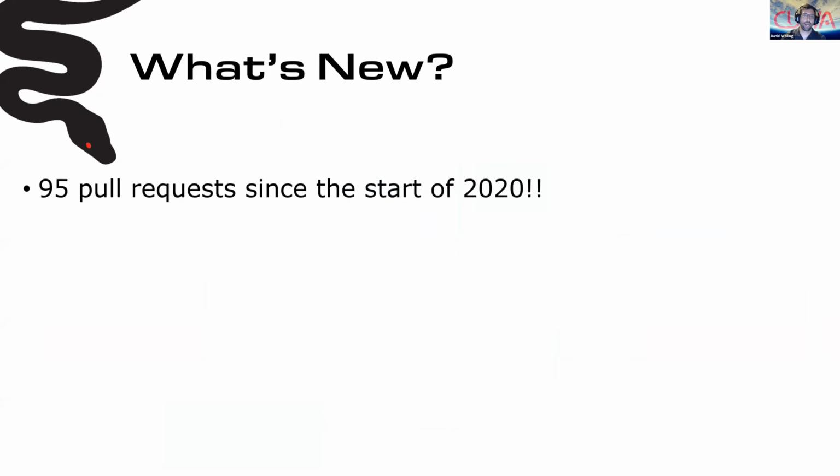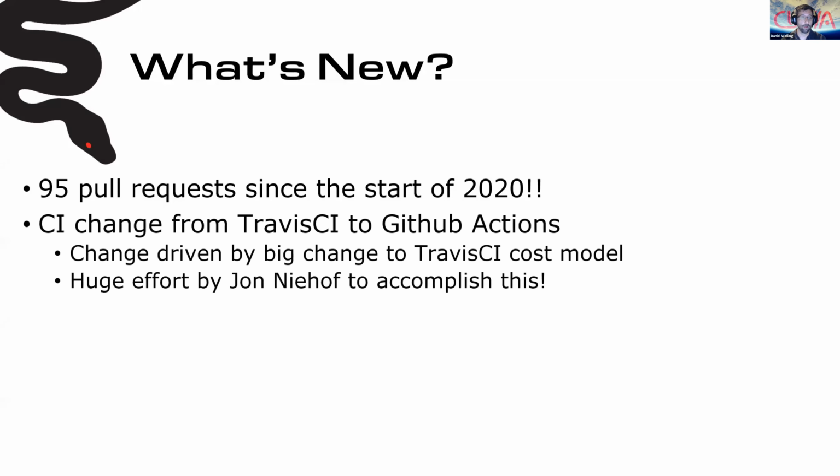So what's going on with SpacePy? Quite a bit. We've had 95 pull requests since the start of 2020, which is a lot, and we're working very hard to try to work through and approve as many as possible. One of the big things that we've dealt with is our continuous integration.